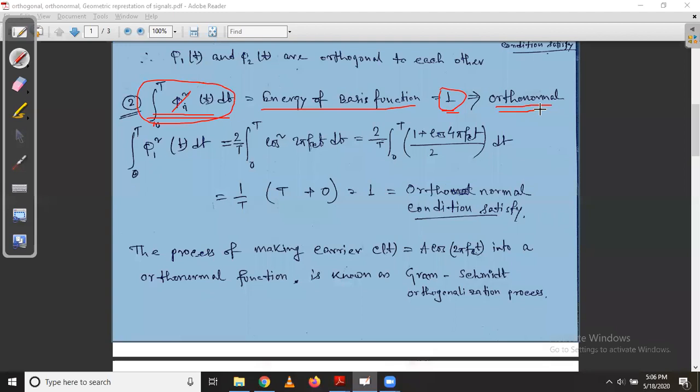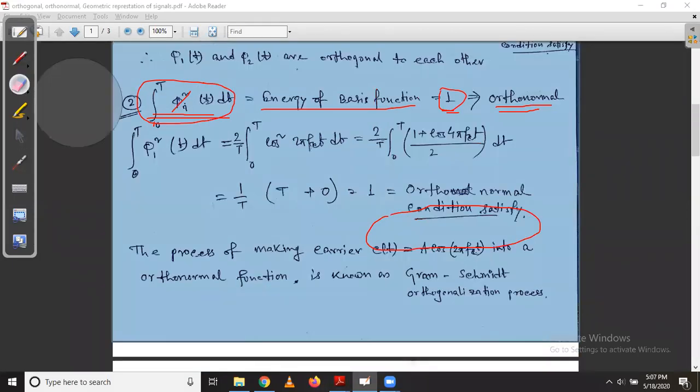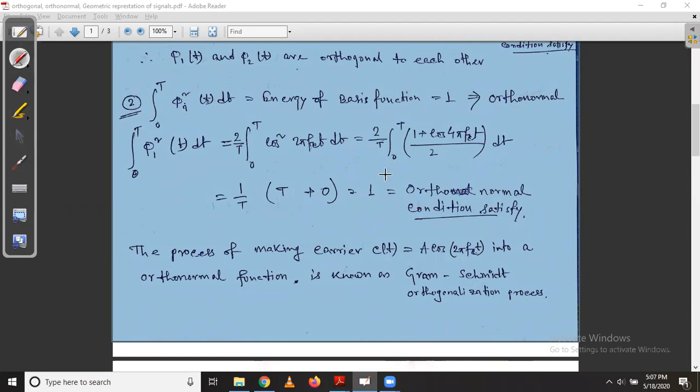And again, I have taken an example of phi 1. Suppose phi 1 is cos of 2 pi fc t. The same thing we have taken, phi 1. Using a trigonometric identity, we have this one. Perform some integration here and you will have 1.